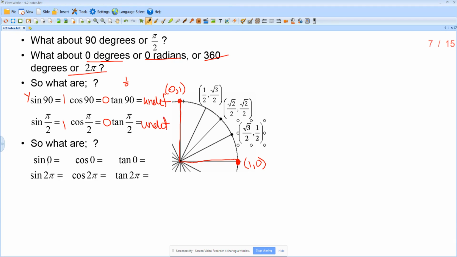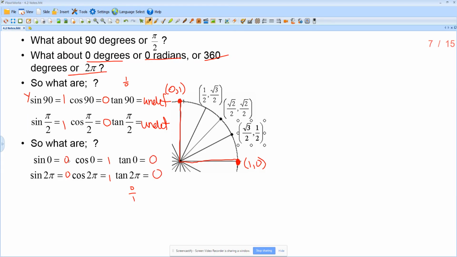If I want the sine of 0 or the sine of 2 pi, so now we're talking about this location. This is 0, it's 2 pi, it's 360 degrees. Sine is the y value, so 0. Cosine, the x value, 1. And tangent is y over x, so 0 over 1. 0 over 1 is 0.